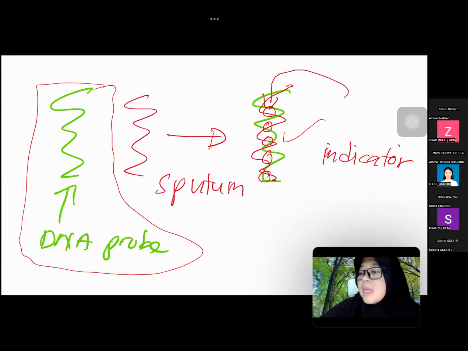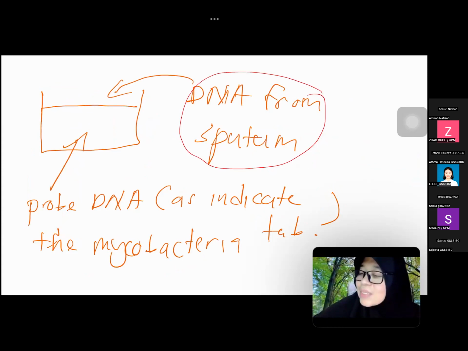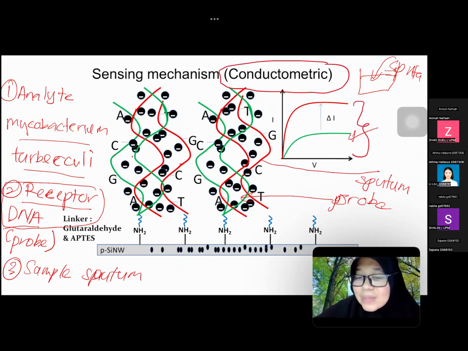And there is an indicator that I have put into the system. This indicator will result in changes. I put here the changes in terms of conductance. Okay, so as the transducer we are using right now is conductometric, it means that there is a change in terms of conducting characteristic.